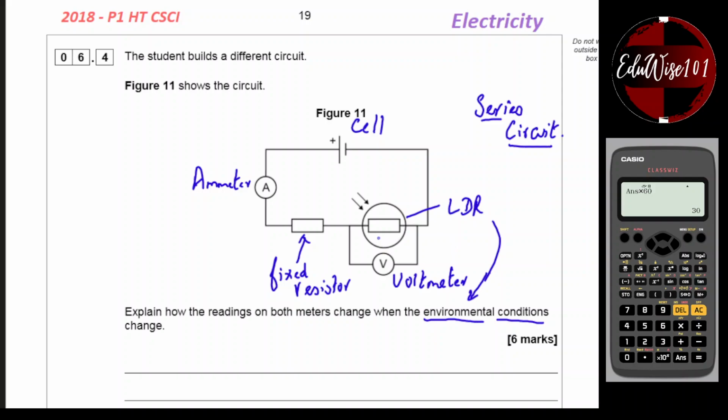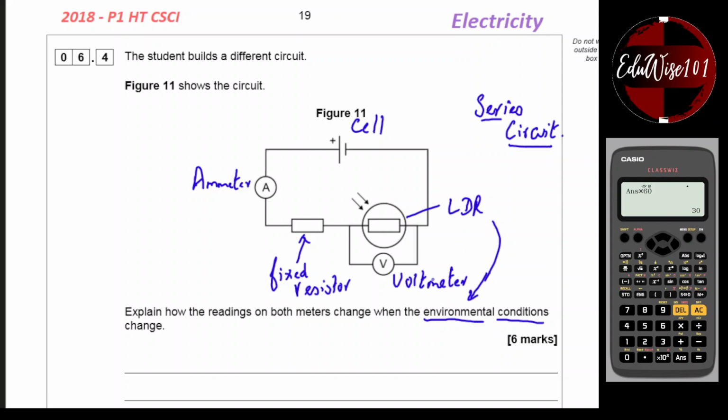Now the resistance of this resistor is controlled by how much light falls on it, right? When light falls on it, the resistance actually goes down. That is the key thing that you need to remember here. If you remember that, then the next couple of points will actually flow through.